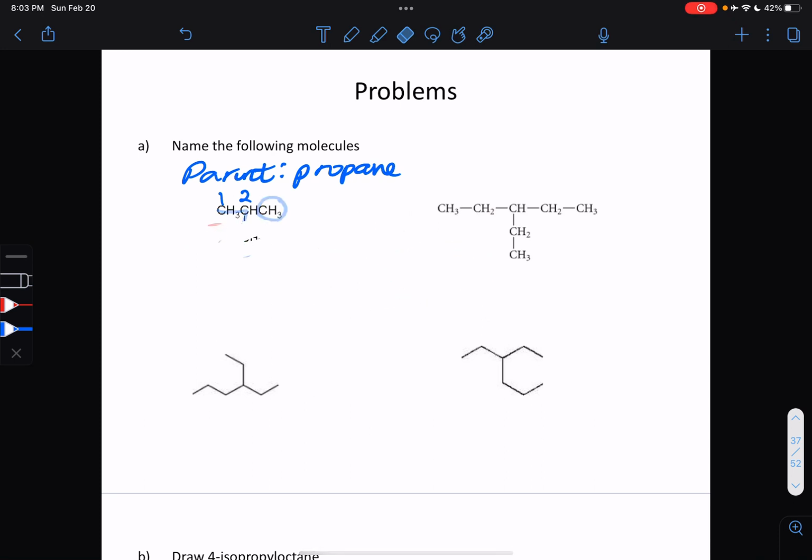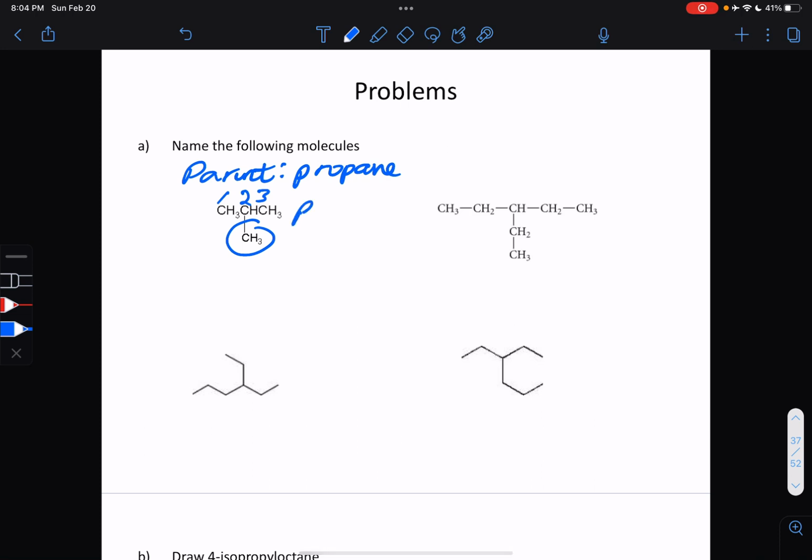It's just that there are a million different ways that we can draw the exact same molecule. Okay, so most of us are just going to want to keep it simple and say, okay, we've got a principal chain that is 3 carbons long, and we have a methyl group hanging off of carbon number 2.